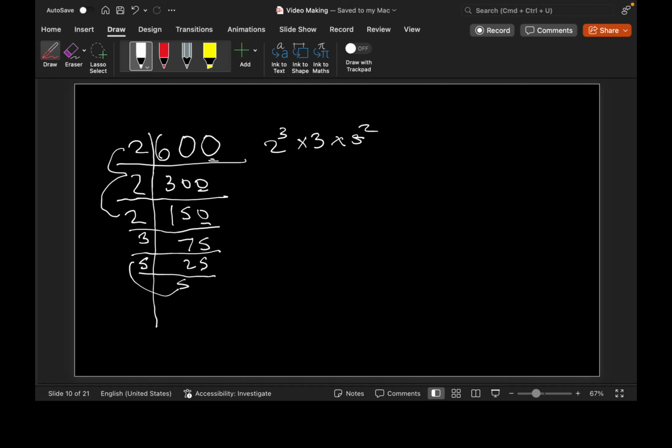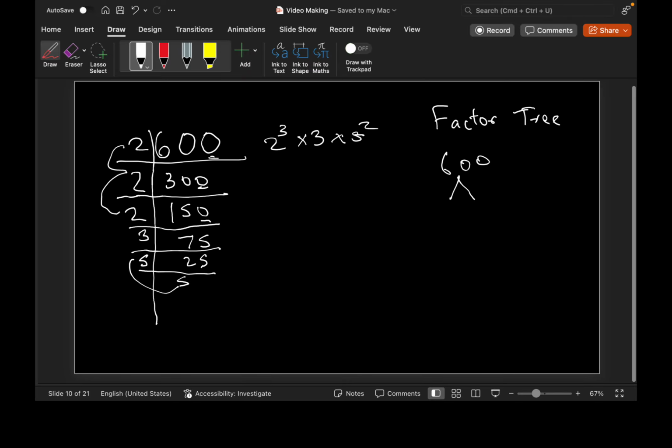Now to find factors more easily, there is the factor tree method. Let's take this example, right? But in this case, the factor tree method will only help you with smaller numbers. So let's take this example. What is the combination that I can think of that when multiplied gives 600?